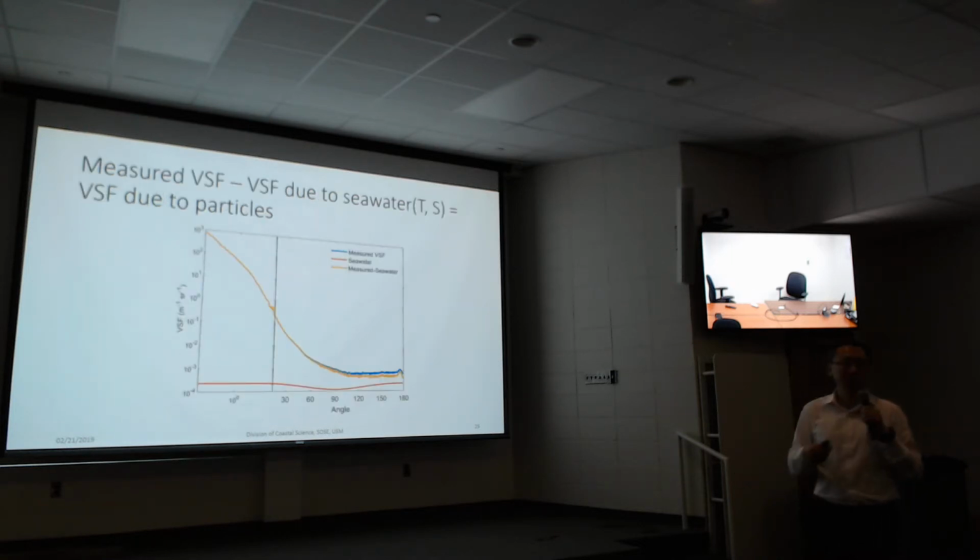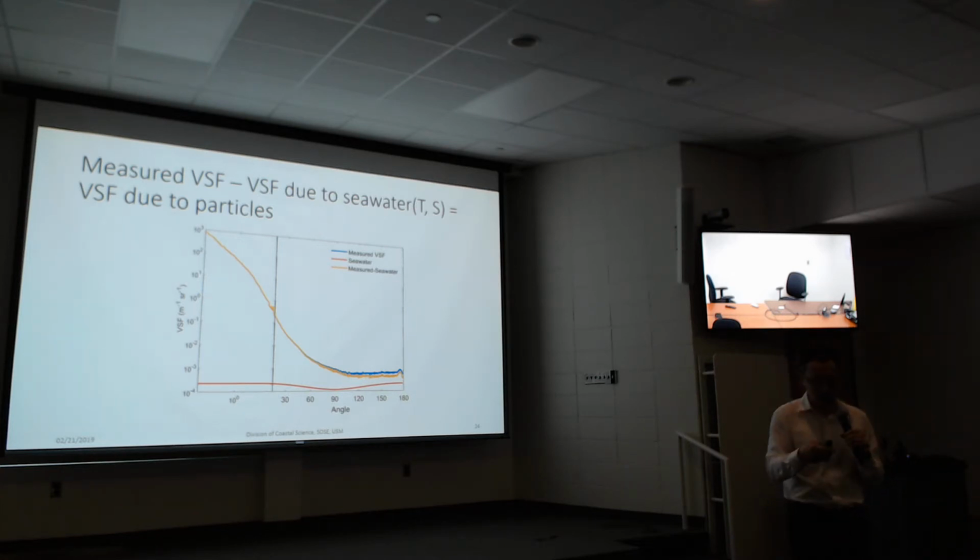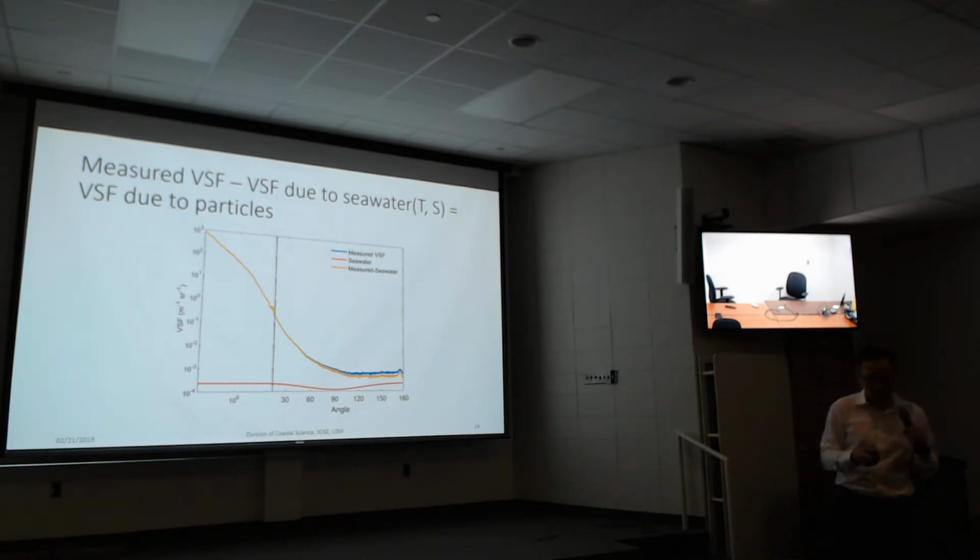Now we have measurements and we have a model, so we can simulate scattering by water pretty well, and we can study scattering by particles. To study particles is very easy.